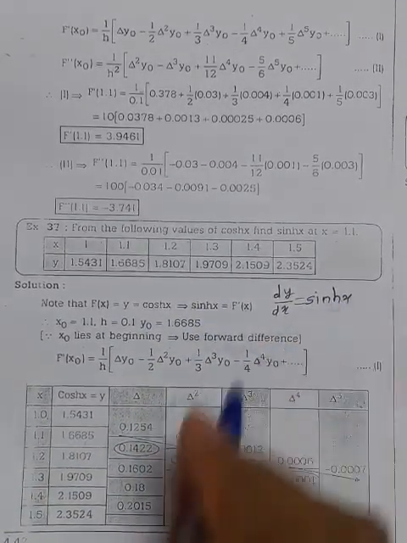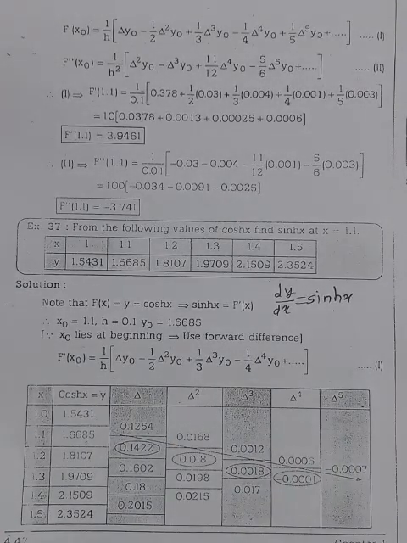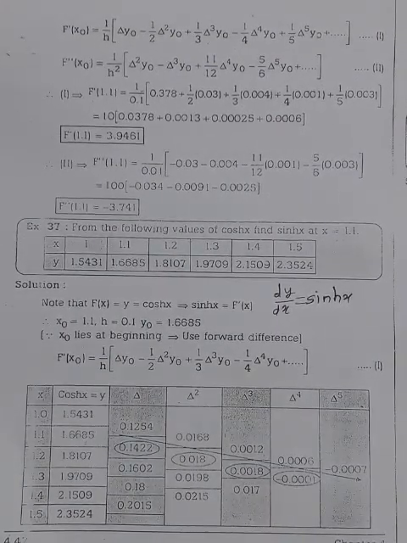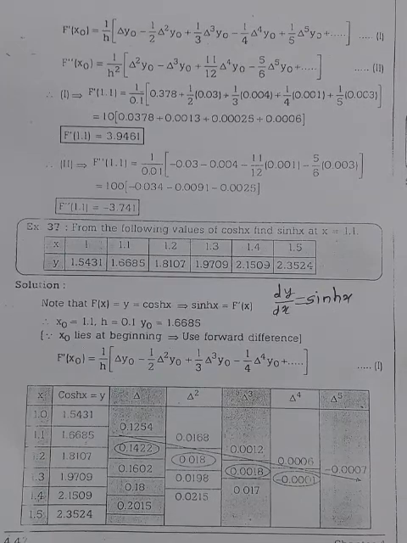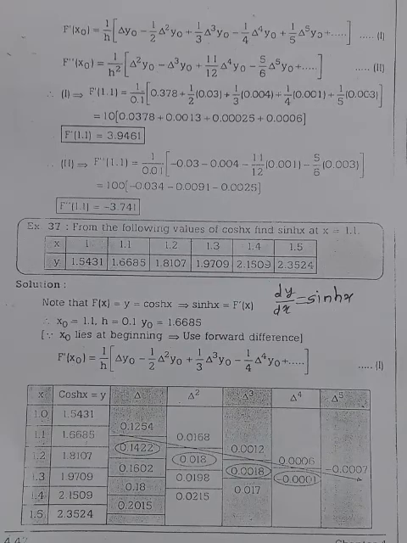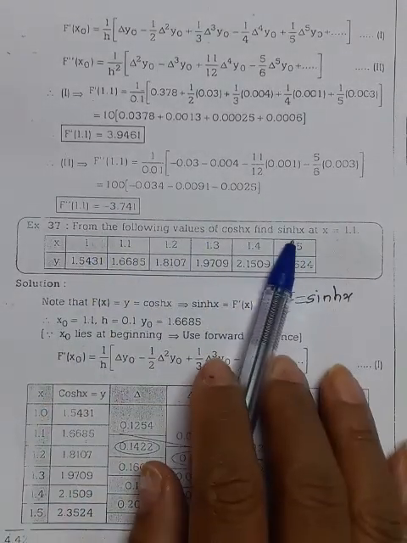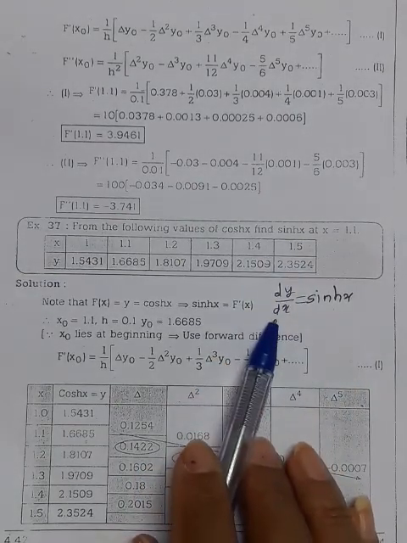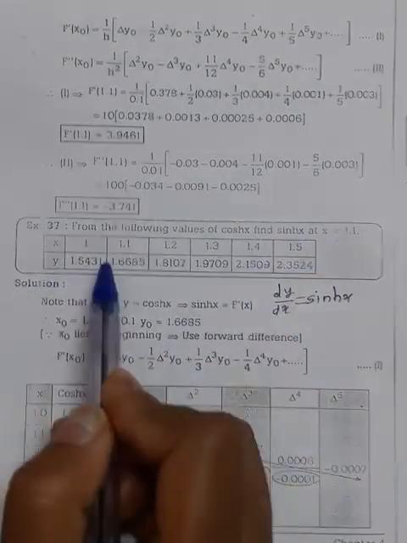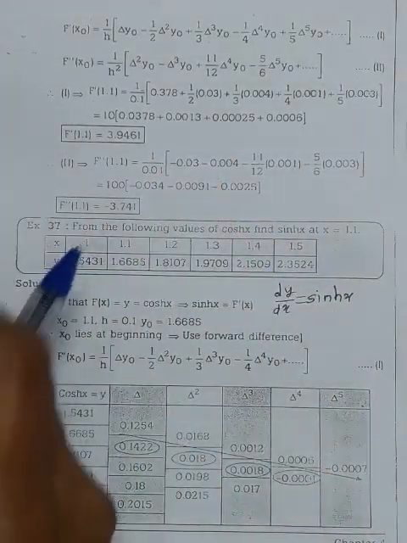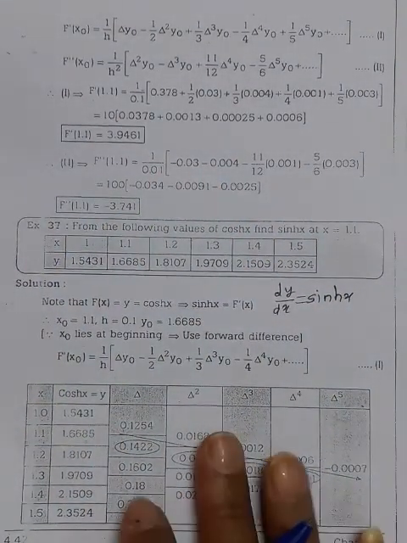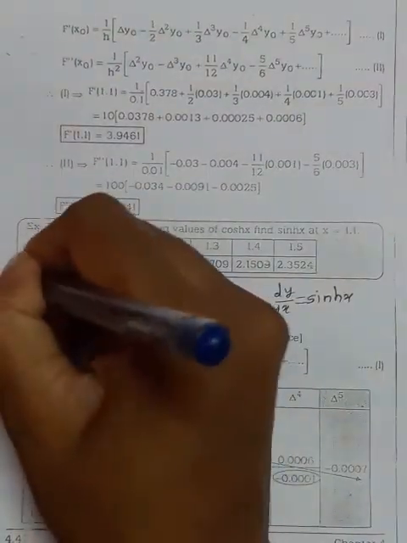For normal angles, the derivative of sin is cos and the derivative of cos is minus sin, but for hyperbolic functions the sign doesn't change: the derivative of sin hyperbolic is cos hyperbolic, and the derivative of cos hyperbolic is sin hyperbolic. So from the table of cos hyperbolic we have to find dy by dx at the point 1.1. 1.1 lies in the earlier part, so you have to use the Newton forward formula. This is the homework.